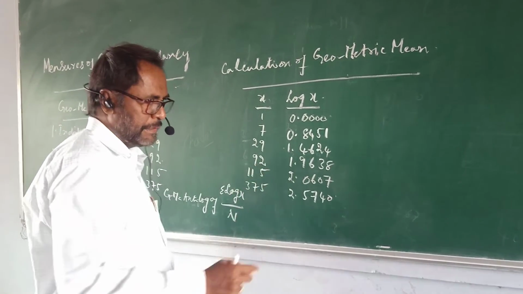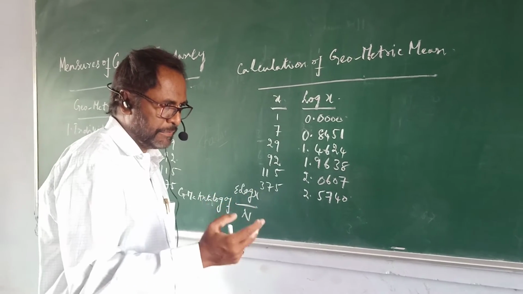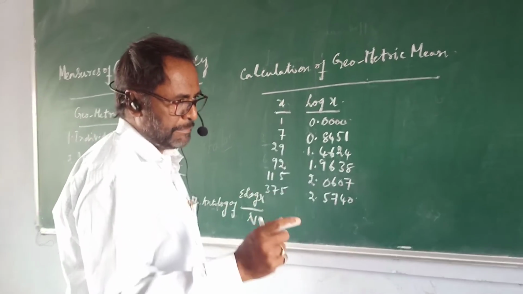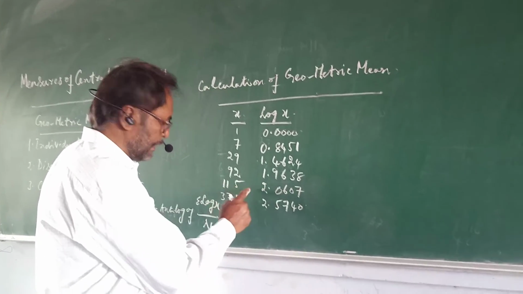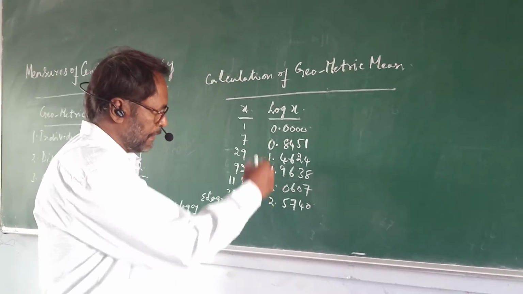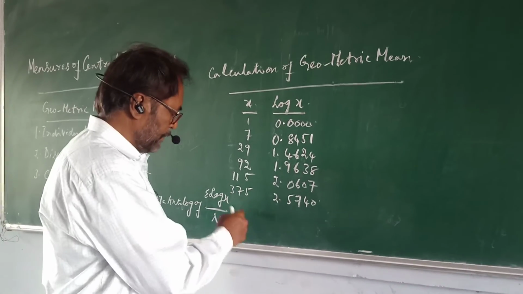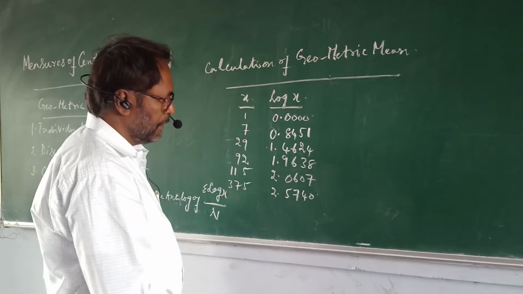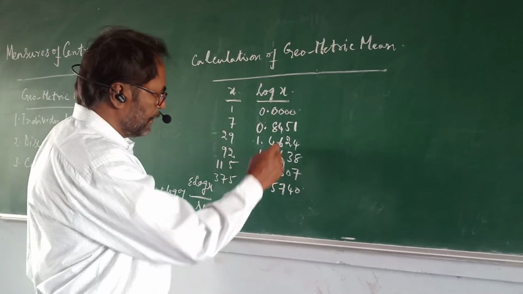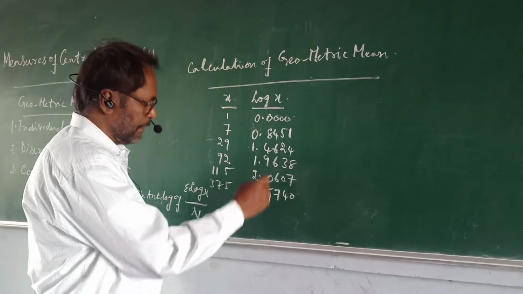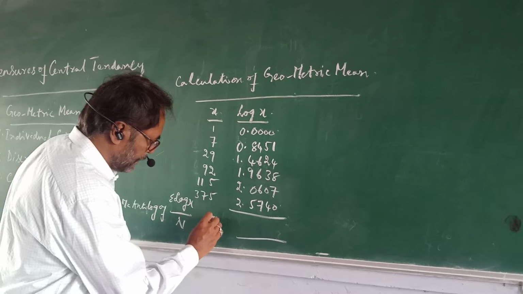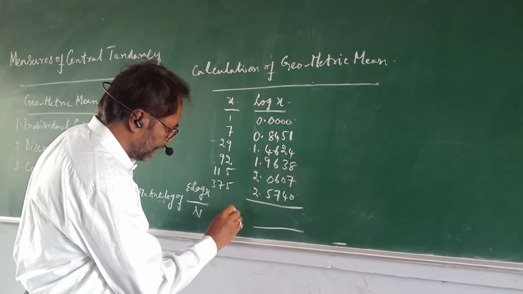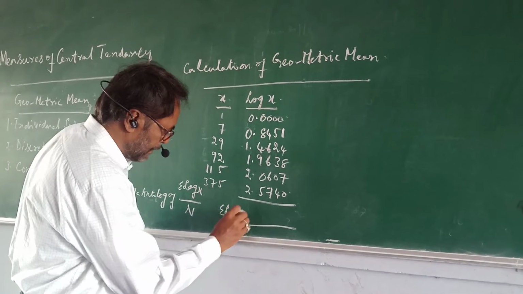Then 92 is also 2 values, 9 and 2, therefore n minus 1 means 1. Then 3 values will be given, and automatically this will become 2. So these are the log x logarithms. Then we have to add up all the values. This will become sigma log x.